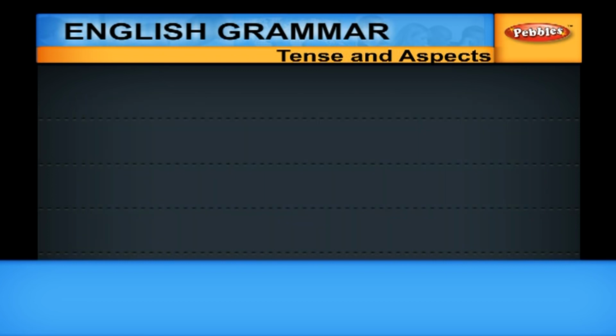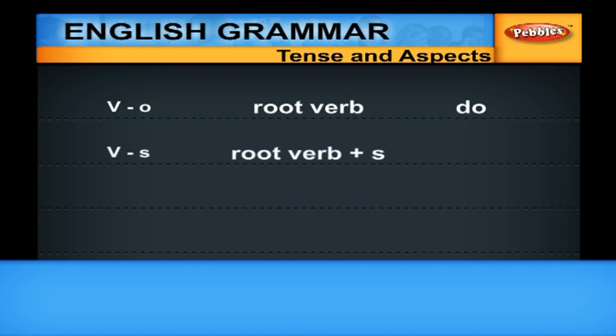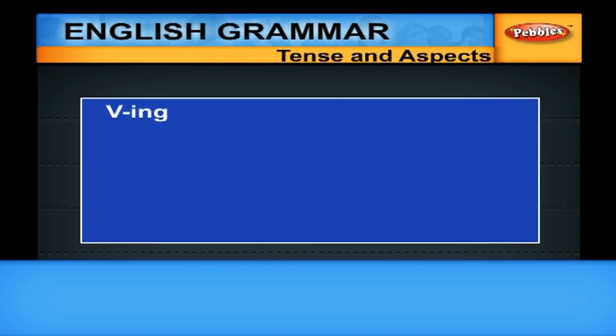What about do? VO, root verb, do. VS, root verb plus S, does. VED, past tense, did. VING, present participle, doing.